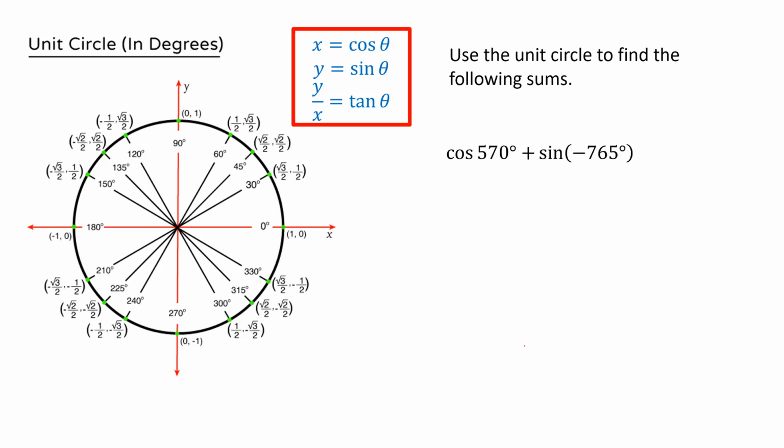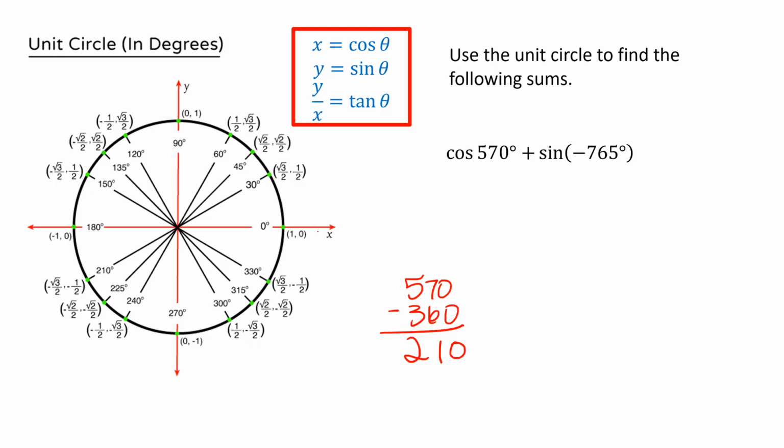All right, we have cosine 570 plus sine negative 765. To go 570 degrees, we can go around the circle one time. So we'll go all the way around, puts us at 360. And then to figure out how much further we need to go, we could subtract 570 minus 360, just in case you can't do that in your head like me. You're going to go another 210 degrees.